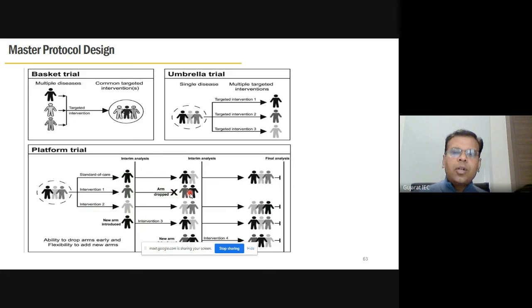You find something that is working, you add that arm. So this arm was dropped, a new arm was added. For the new arm, you undergo interim analysis, you find that you need to add another arm, you add it, and then you do a final analysis. So it's like a platform where people get down at their station and new people board in at different stations, and you try to reach a particular destination.